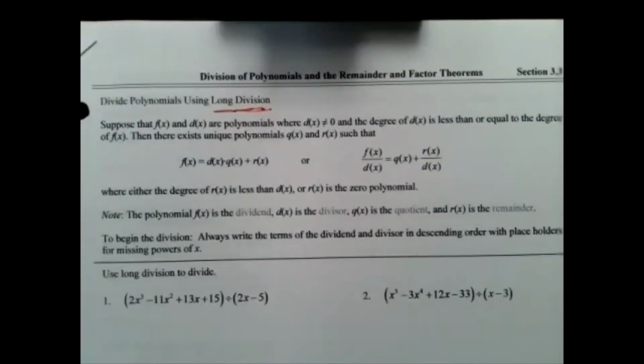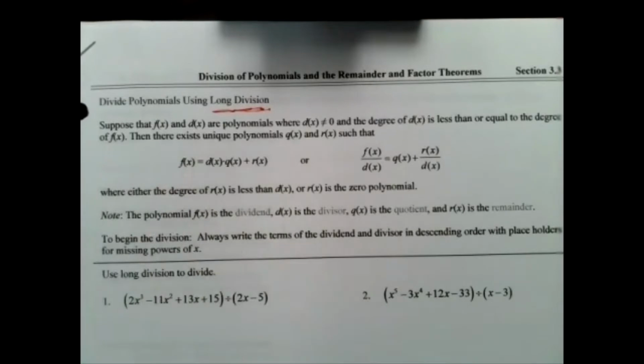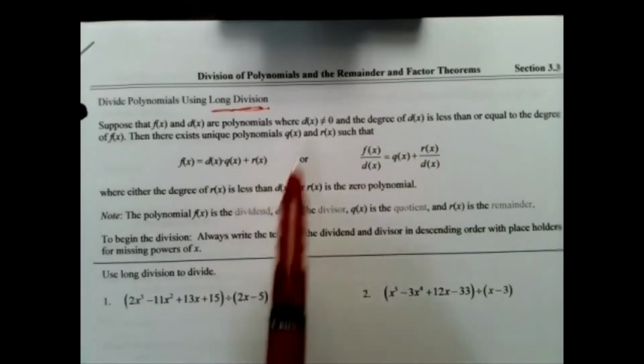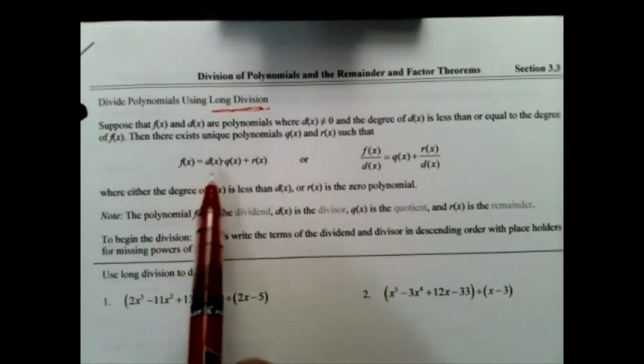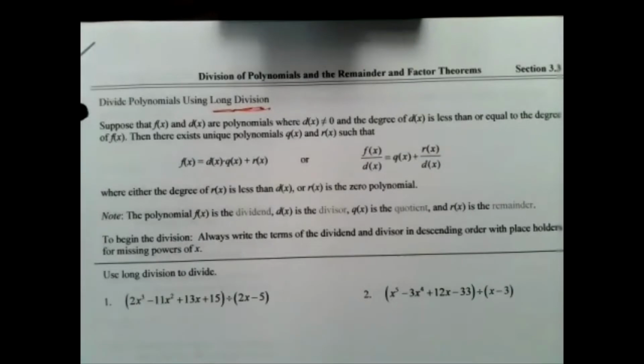So again, we're working with polynomials and we're looking at dealing with long division. And again, this is a piece of a bigger puzzle. And hopefully that bigger puzzle makes sense when the time comes. But what we're saying is we can take a function, we're going to call it f of x, and that function can be written as the product of two functions plus another function.